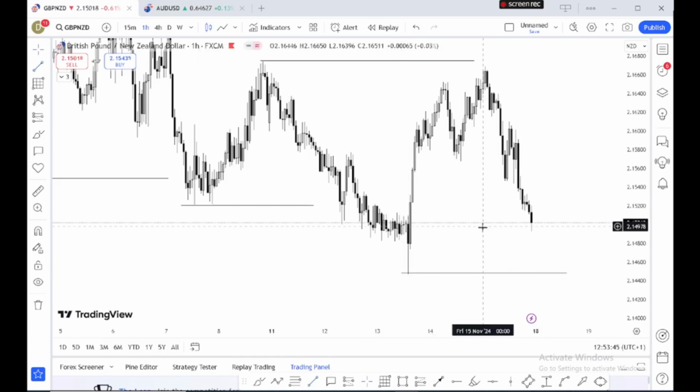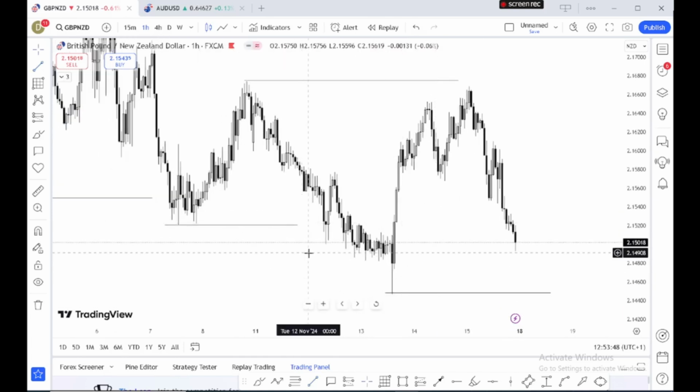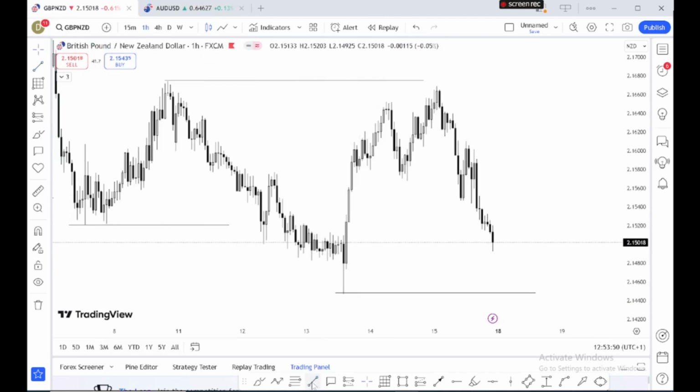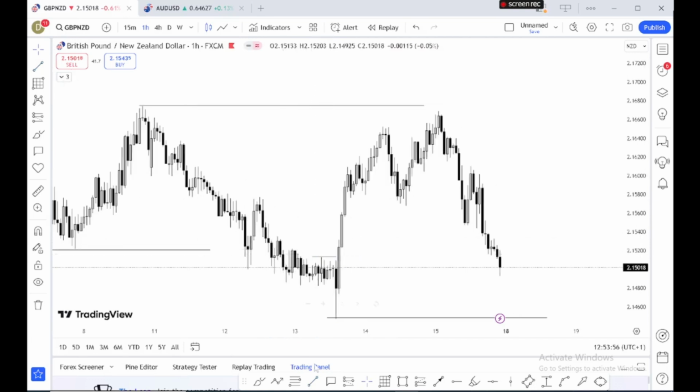So what am I looking out for? I just say, okay, in this scenario, where's my inducement? I have a small inducement here. Then where's my POI? Let me see if I'm going to find a POI. No POI. Everything has been mitigated.